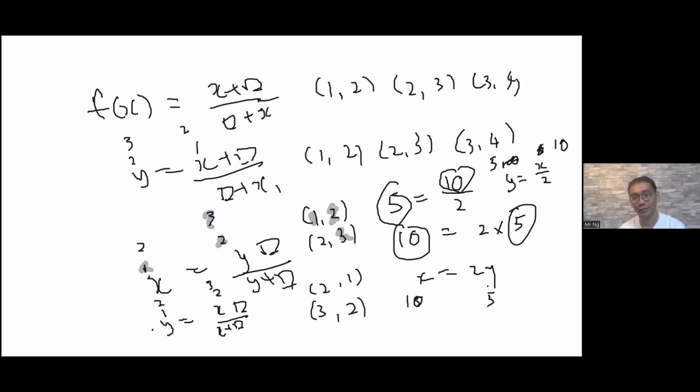And with that, we can see that actually, if we were to relate to this changing the rule, finding f inverse to the graph, it's really the x will become y, the y will become x.